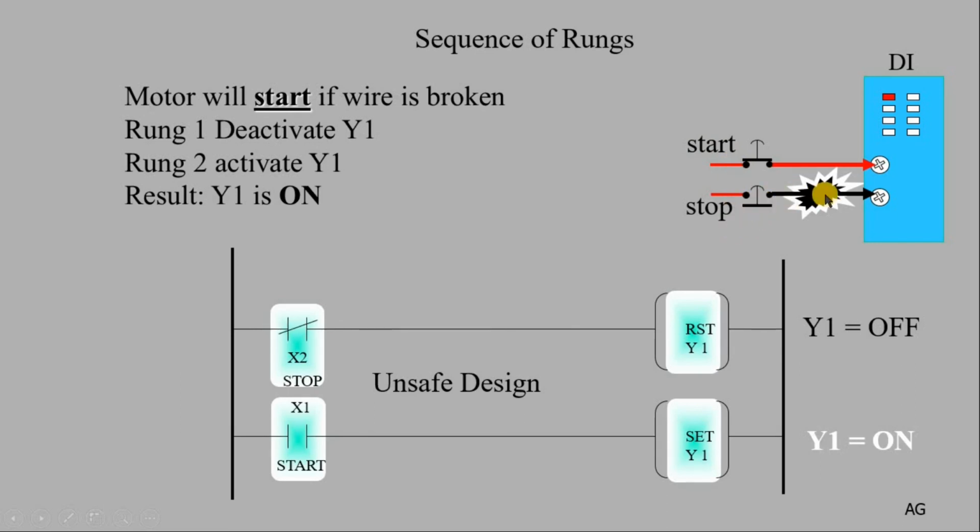This is very important for two things. First, you have to think about the sequence of your rungs. Second, you have to think about the tests you need to apply to your PLC after you finish your programming, to make sure that no issue like this will happen.